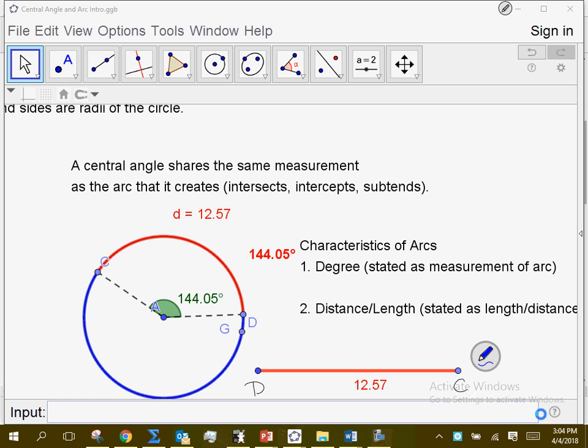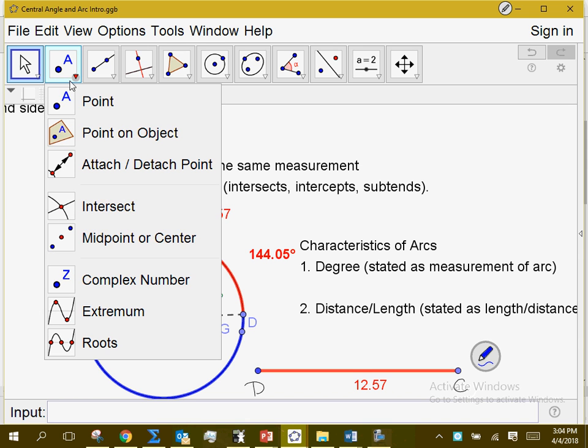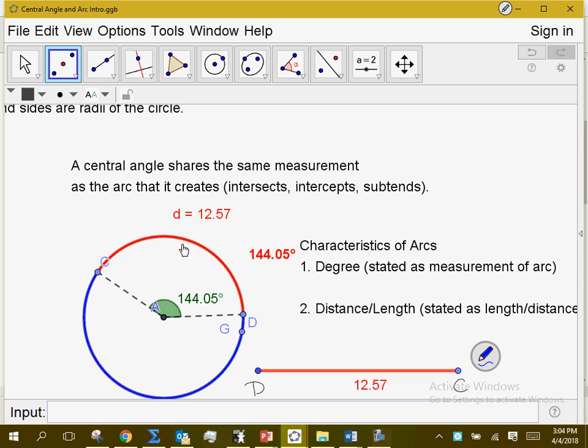Let's say, okay, I can find the midpoint. So I should be able to say, looking at that arc, I think I got to do it this way.